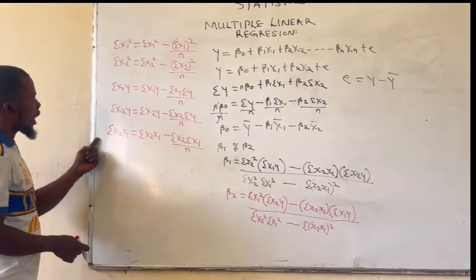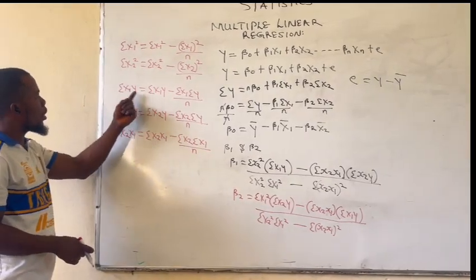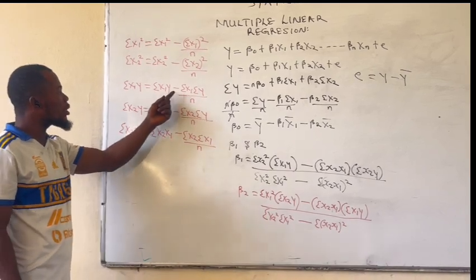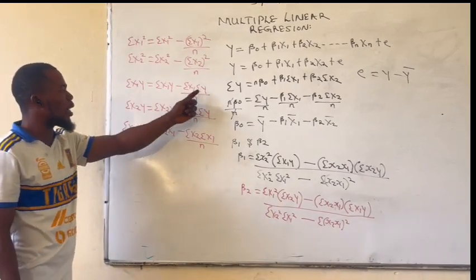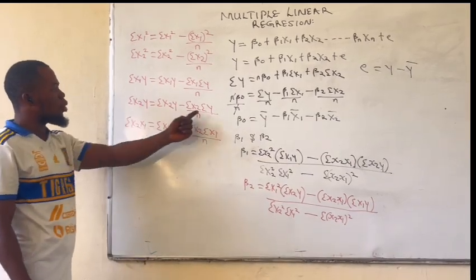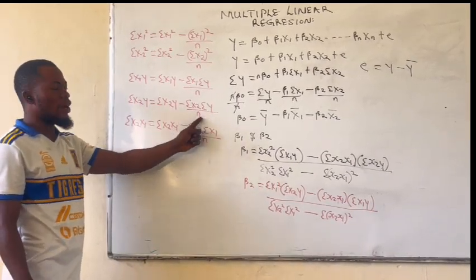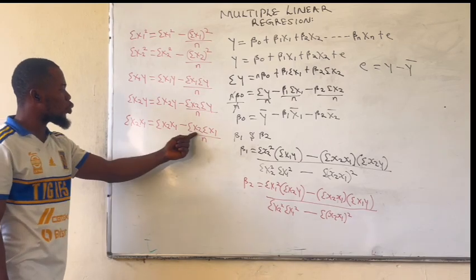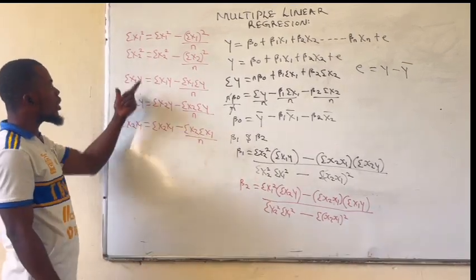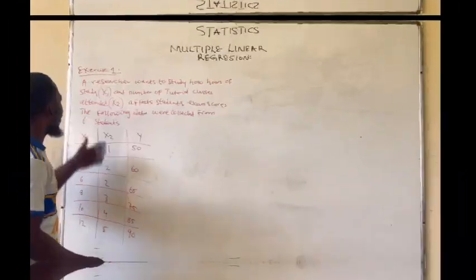But for all these ones that are cross products, bring the same thing here, summation of x1y, then minus summation of x1 multiplied by the summation of y. Same here, summation of x2 multiplied by summation of y divided by n. Summation of x2 multiplied by summation of x1 divided by n. So it's very simple.